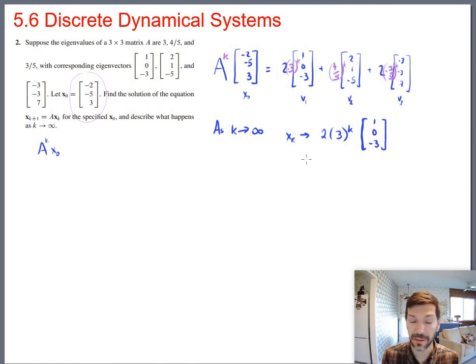So as k approaches infinity, as time goes on, first of all, the population, or whatever this is, sectors of an economy or populations or whatever, definitely grows. It multiplies by 3 every step, basically.